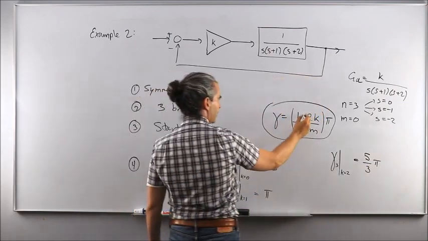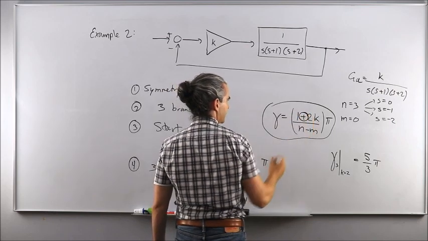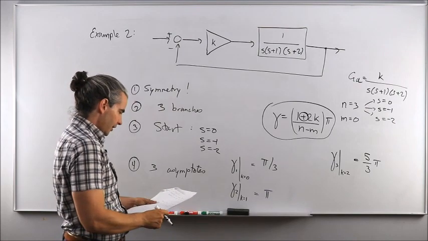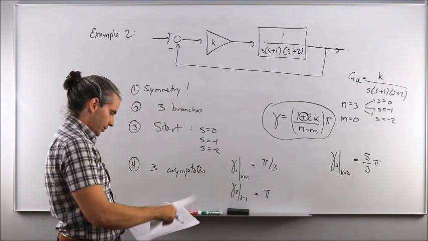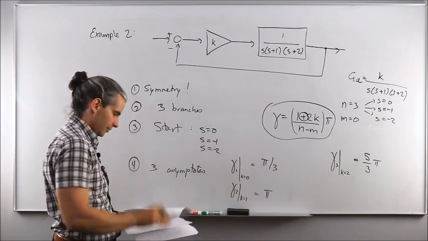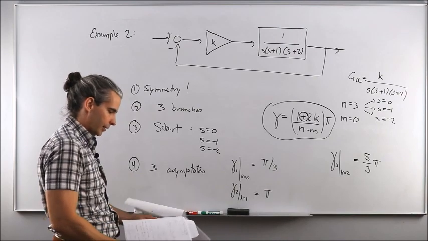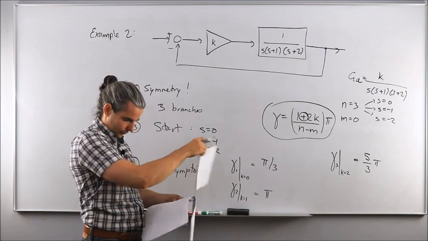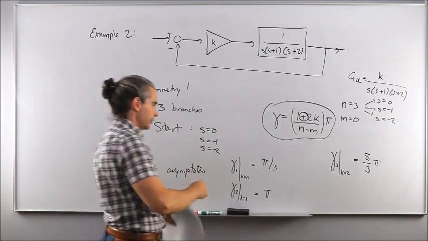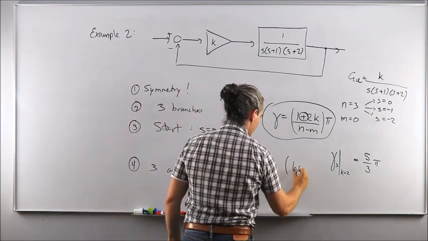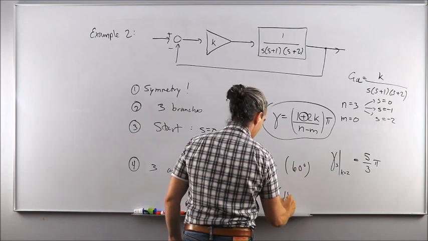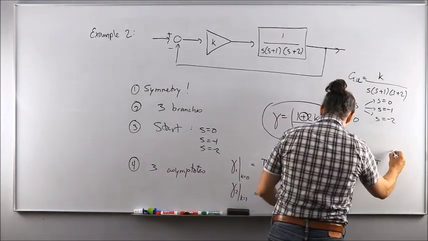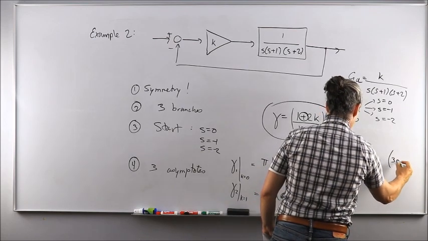This is a plus, not a minus, as I had said in the previous example, I believe. So these are the respective orientations of my 3 asymptotes, measured again counterclockwise from the real axis. Or in terms of degrees, this is equivalent to 60 degrees, 180 degrees, and 300 degrees.